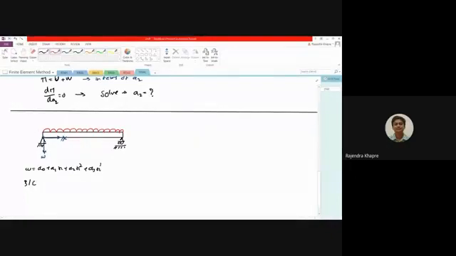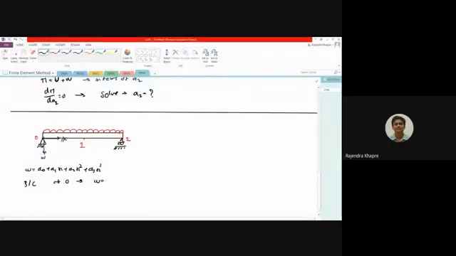So let us apply the boundary conditions over here. Let us call this point number 0. At the center I can have point number 1, and here I can have point number 2. We already know some of the boundary conditions: at 0 we have w value as 0.